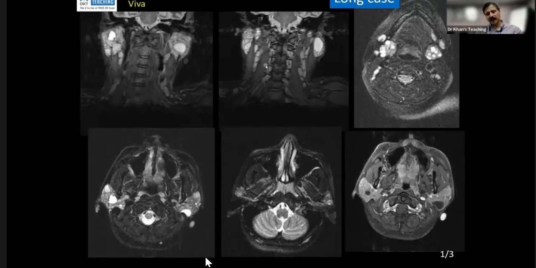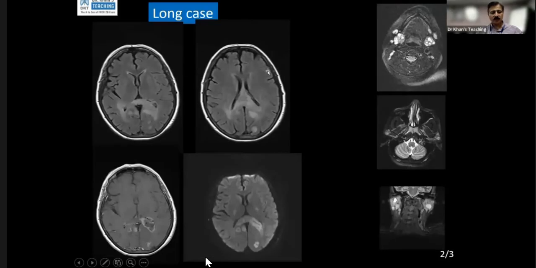Okay. Now, same case, you've got a tumor in the brain. There are multiple lesions involving the splenium of the corpus callosum, and I can also see multiple lesions in the occipital lobe as well. I would like to ask if the patient is immunocompromised.